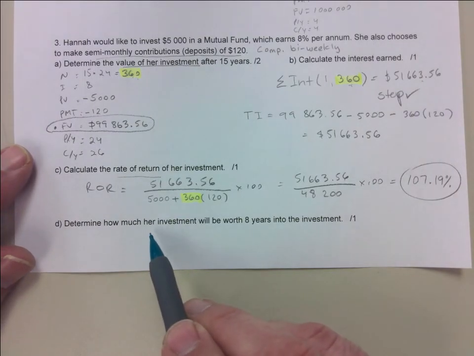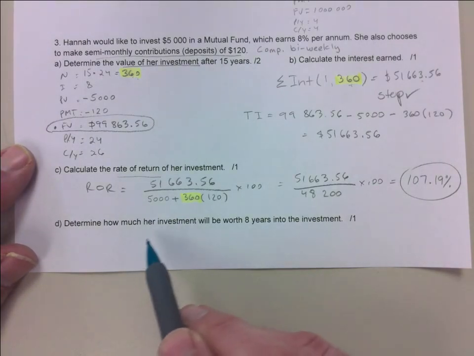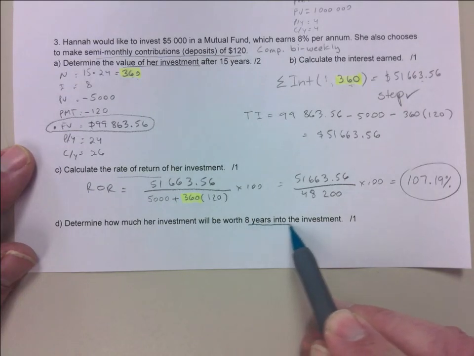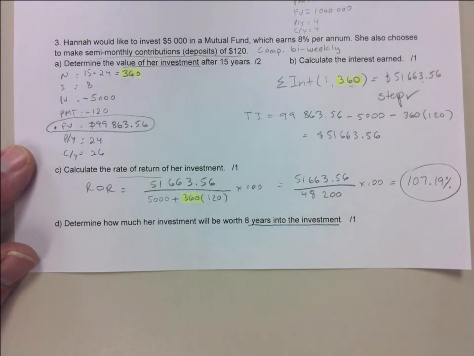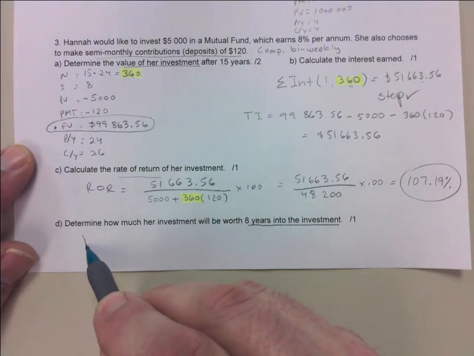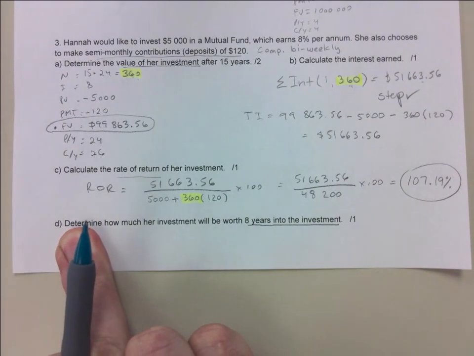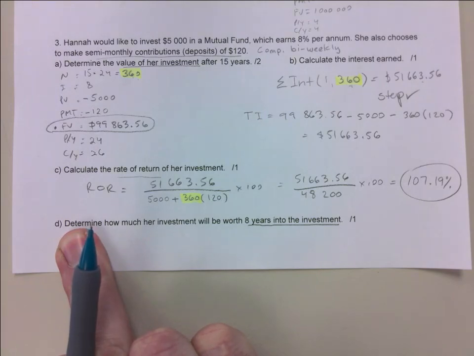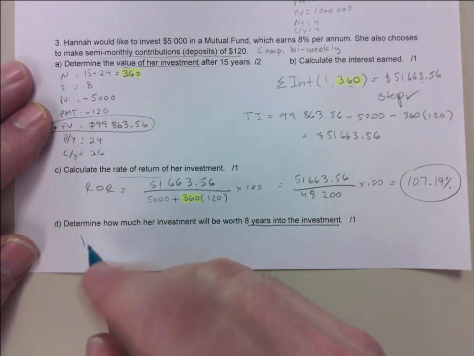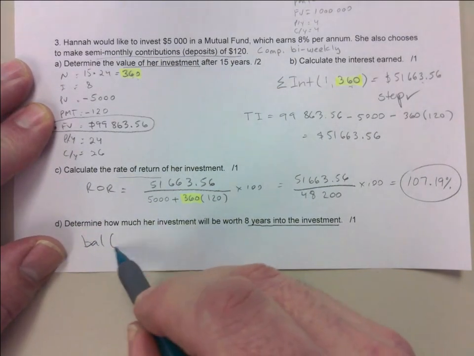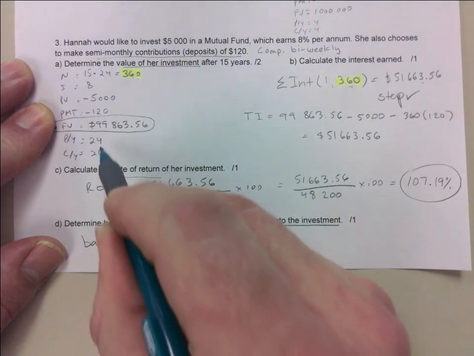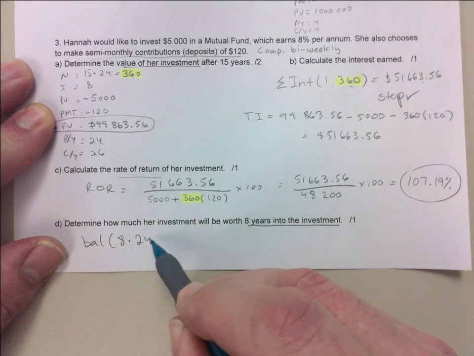Determine how much of her investment will be worth 8 years into the investment. So we're kind of figuring out, right, as we're investing, how much is it going to be along the way? What are we going to use here? What function? Balance. Or, yes, you can use your TVM solver and redo all of it, but I'm going to use balance of 8 years times whatever PY is.